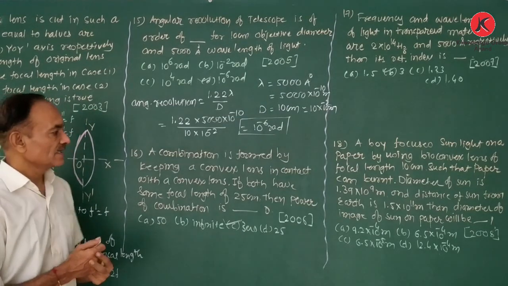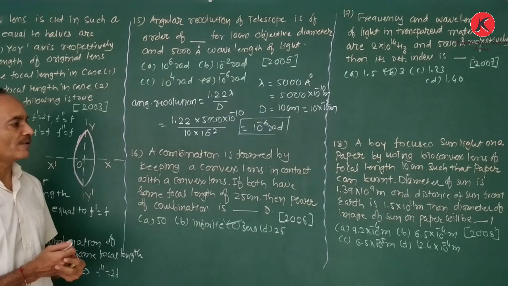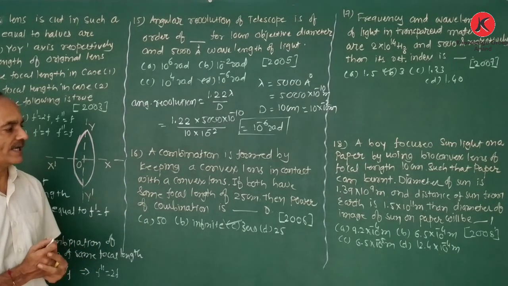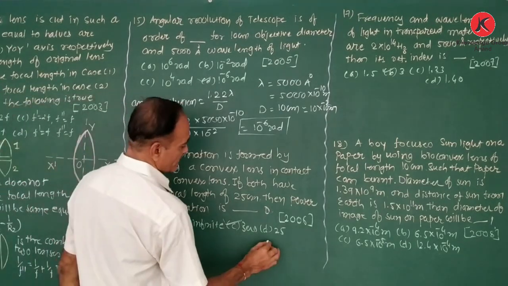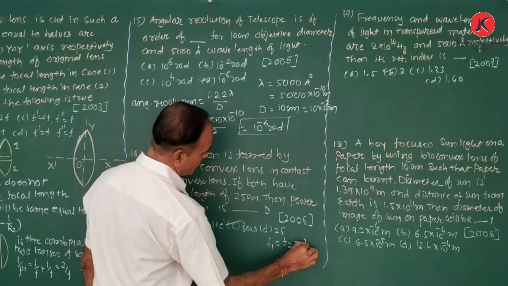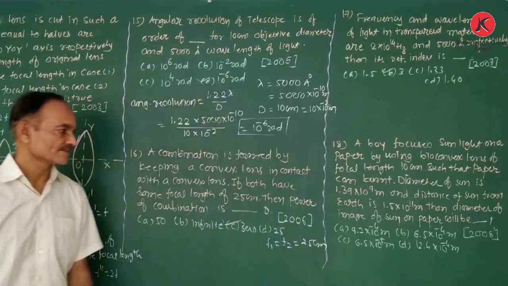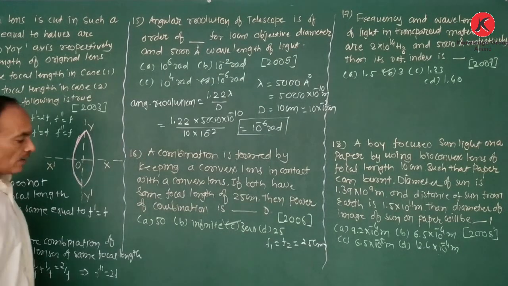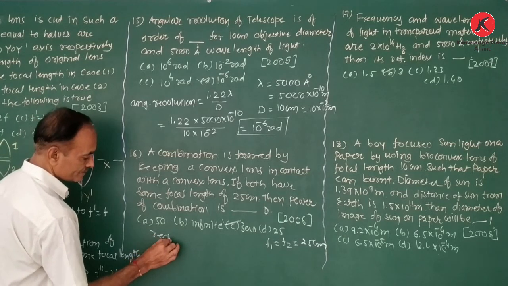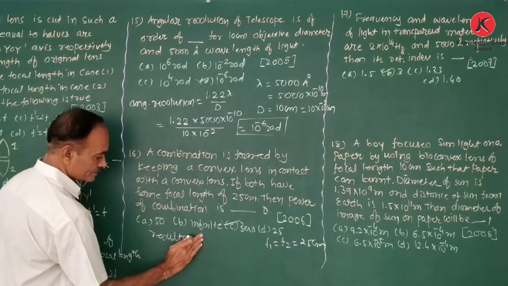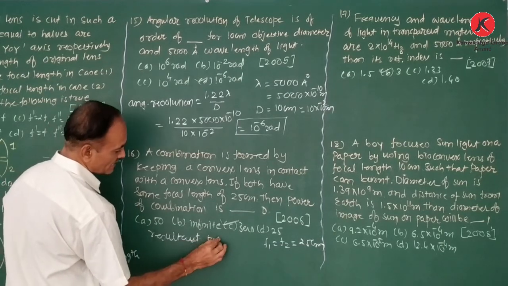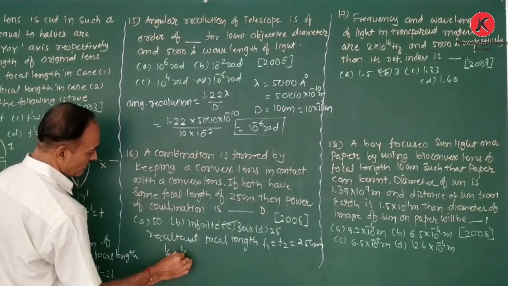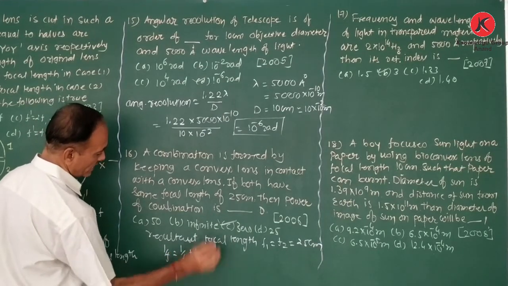Okay. Now next, a combination is formed by keeping a convex lens in contact with a convex lens. If both have the same focal length of 25 centimeters, so here f1 is equal to f2 is equal to 25 centimeters, then power of combination is. Now resultant focal length 1 upon f is equal to 1 upon f1 plus 1 upon f2.